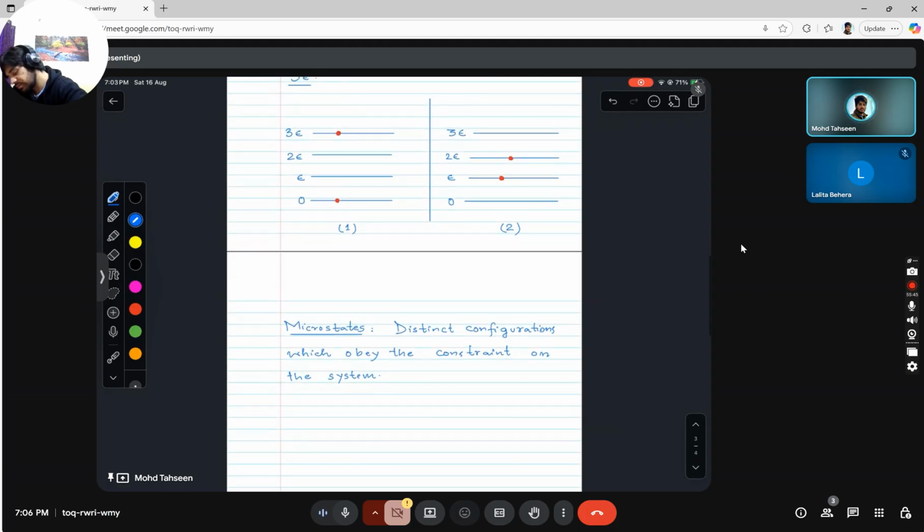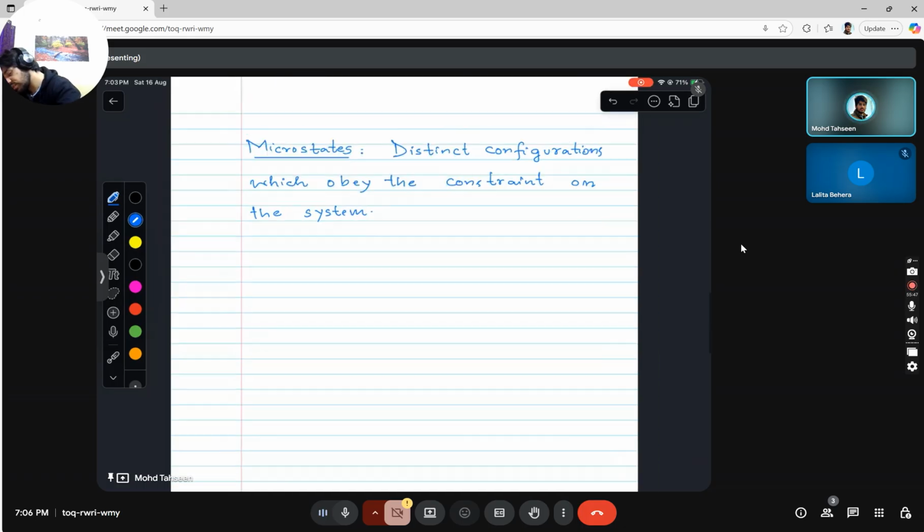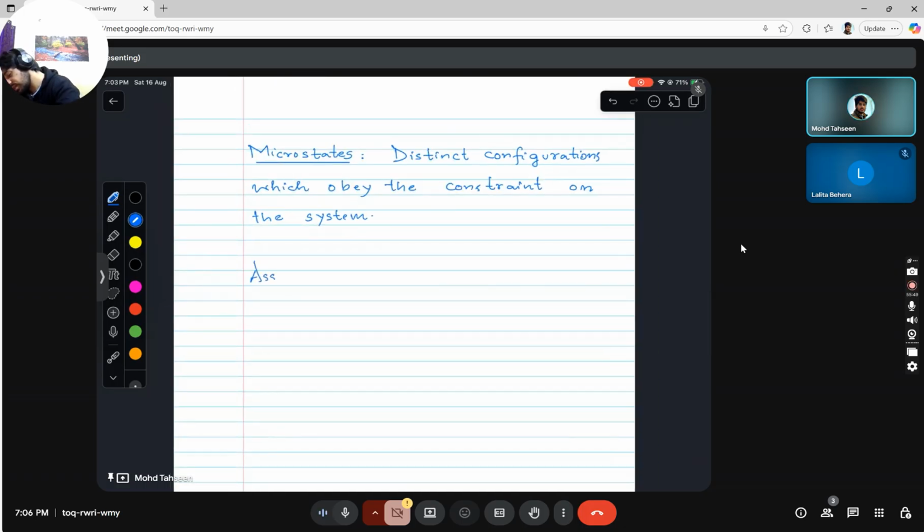So the assumption is that particles are identical and distinguishable.